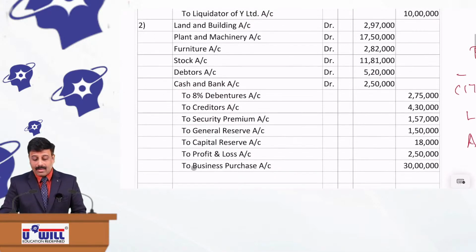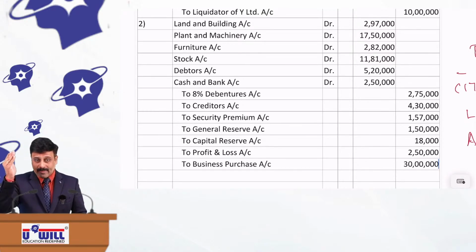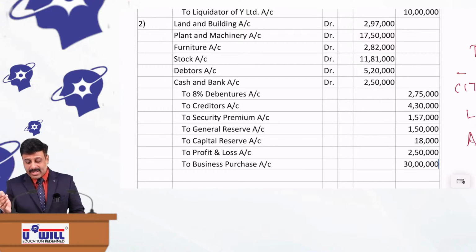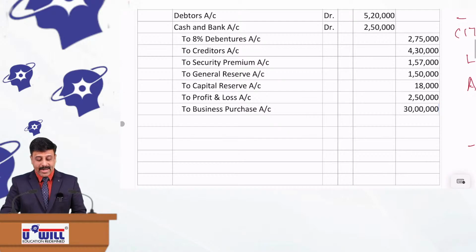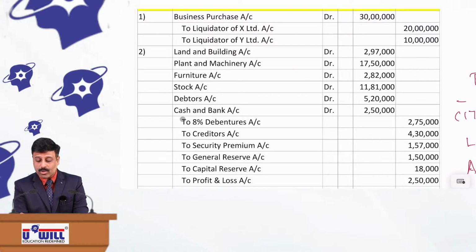Now, all of you can later on cross verify. Debit amounts will be equal to the credit amounts. Okay, whatever total accounts and amounts we have debited, that will be equal to the total amounts what we have credited. Now third entry is for the payment of purchase consideration. So what will be the entry for that? Liquidator, these accounts we have to close.